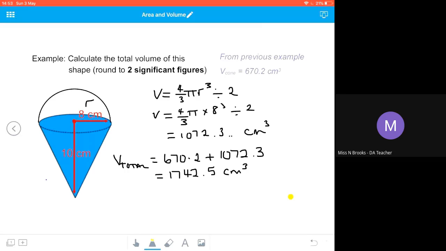So my first significant figure is the 1, and my second significant figure is the 7. And so I'm using that 4 to decide what I'm going to round to. So 4 or less means I would leave the 7 alone. And so my answer is going to be 1,700 cubic centimeters for the total volume of this shape, which was constructed from a cone and a hemisphere.